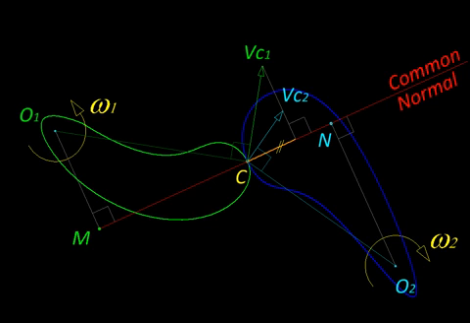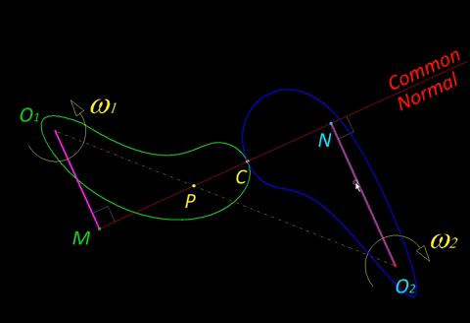Since both these bodies are in rotation, we can write the velocity of M and N as R into omega. So velocity of M is O1M into omega 1, which should be equal to velocity of N, which is O2N into omega 2. So the ratio of omega 1 to omega 2 must be equal to O2N upon O1M.